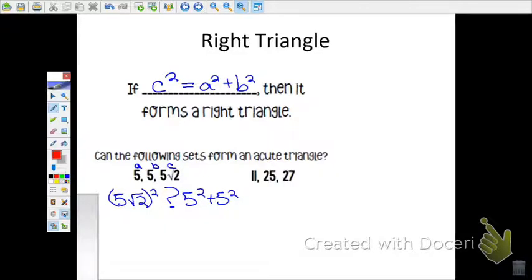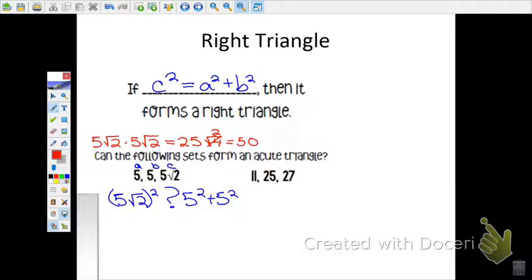When we square something, that means we're taking it times itself. So on the outside, 5 times 5 is 25. On the inside, we get square root of 4, which is 2. And 25 times 2 is 50. Okay, so you can process it that way.